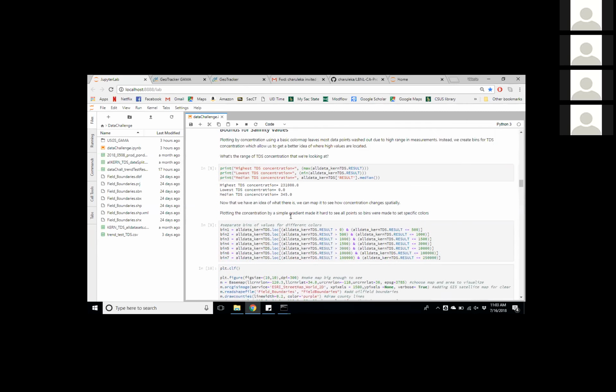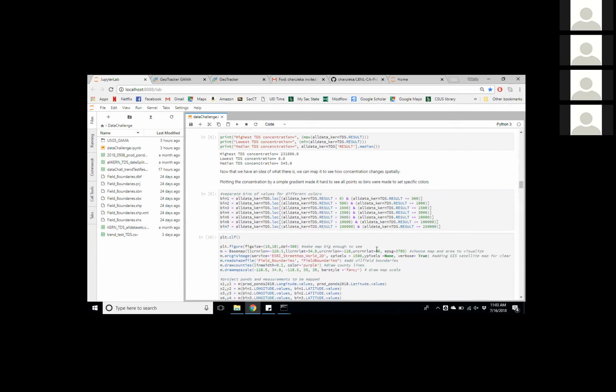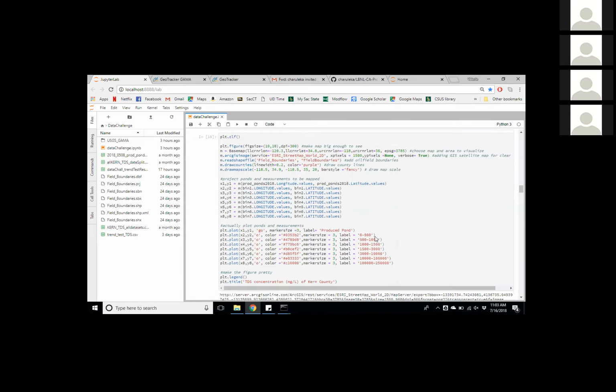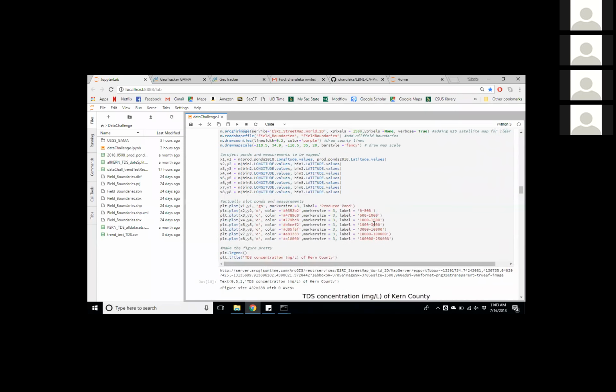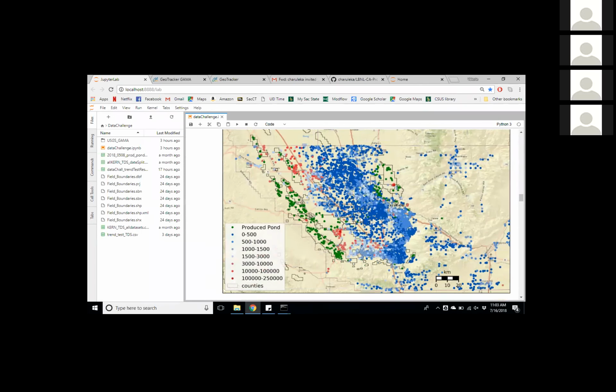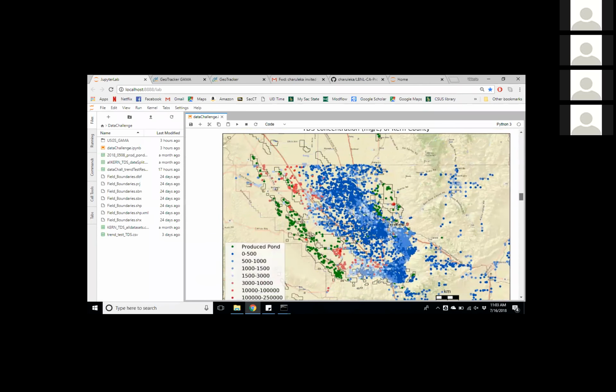Now because we have such a big range, we weren't able to do a simple gradient like we did for the first map, so I had to create these bins that divide up the concentration into reasonable quantities so that we're able to manually set the colors, which here I use the color codes. And so that is used to create this map, which I'm not sure you'll be able to see all of with this view.